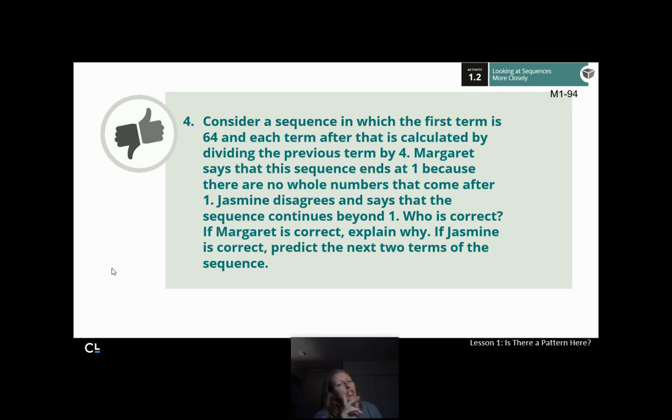Jasmine, however, disagrees and says that the sequence continues beyond 1. So my question for you here on question number 4 is this. Who is correct? If Margaret is correct, explain why. If Jasmine is correct, predict the next 2 terms of the sequence. Go ahead and hit pause, jot down your thoughts, and hit play when you're ready to check your work.